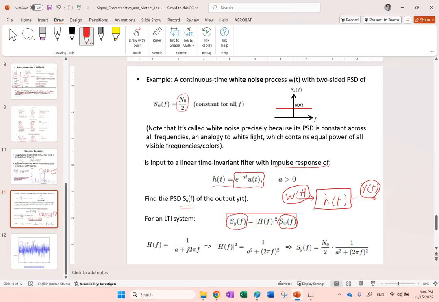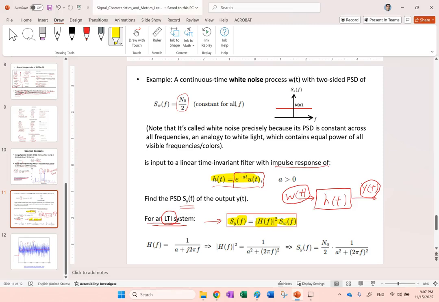Well, here you see this very important formula: if the system is LTI, the power spectral densities of input and output are related by the magnitude of the Fourier transform of the impulse response squared. So if you apply a Fourier transform on this impulse response and square it, that relates the input PSD and the output PSD of the system.